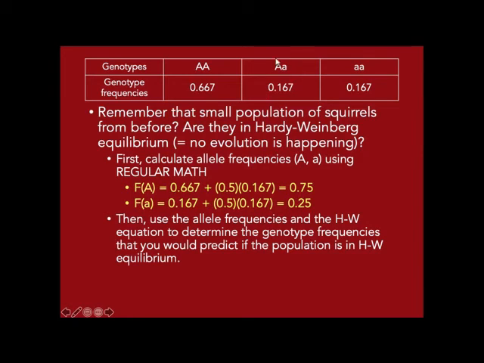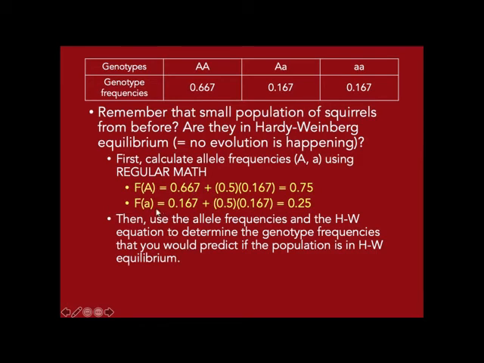And the big A, little a individuals also have big A's, but their genotype frequency is 0.167, and half of that is made out of big A's and half is made out of little a's, right? So if you multiply 0.167 by half and then add it, because we're looking for big A's that are in either big A individuals or big A, little a individuals, we get 0.75.